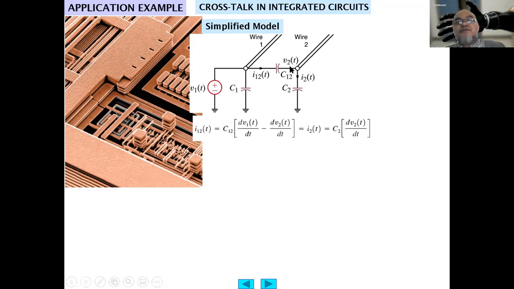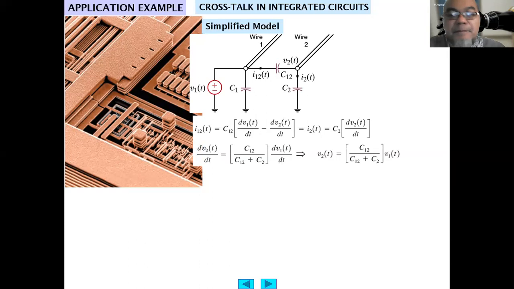This equals I2(t), which equals C2 times dV2/dt. So from here, dV2/dt can be derived further as C12 over C12 plus C2 times dV1/dt, by rearranging the terms.